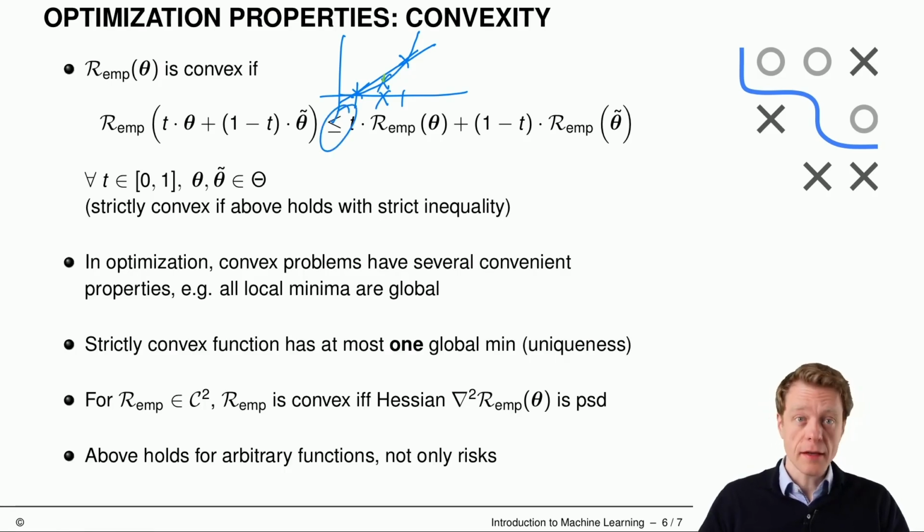If this is a strict inequality, then we have a strictly convex function. And the good thing about convexity is that if we have a convex problem, then all local minima are also global.